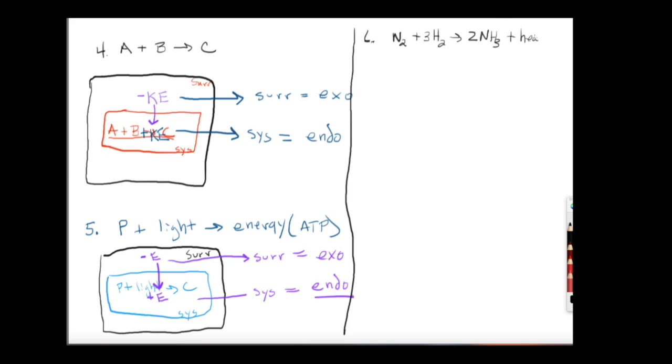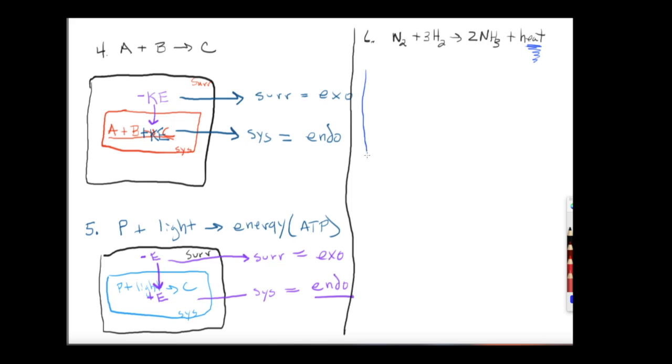All right, so this is what we've been given in the problem, and we have to determine whether it's exo or endo. So remember what I said a few videos ago. When you have a reaction that is exothermic, you can treat the energy that's released as a product, and here it is. They've actually written it in here for you. All right, the heat is here as a product, so it's being produced.